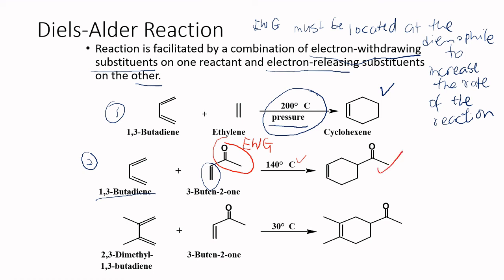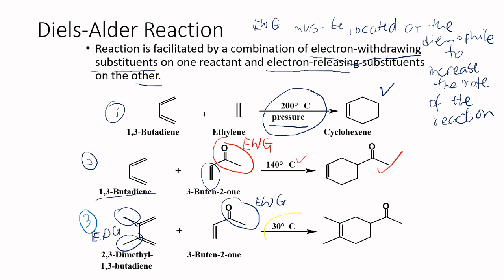Okay, now let's take a look at example number 3, where we have 2 electron donating groups, the alkyl groups here. The earlier example does not have any electron donating group, but in example 3 we have 2 electron donating groups, and then we have 1 electron withdrawing group here.